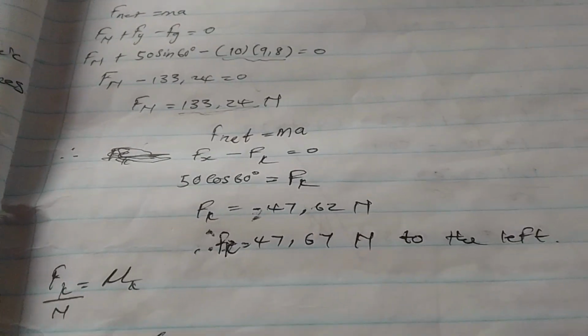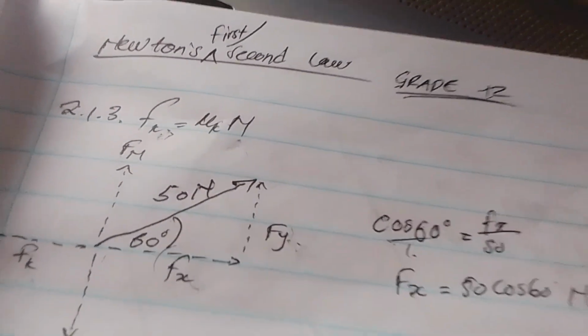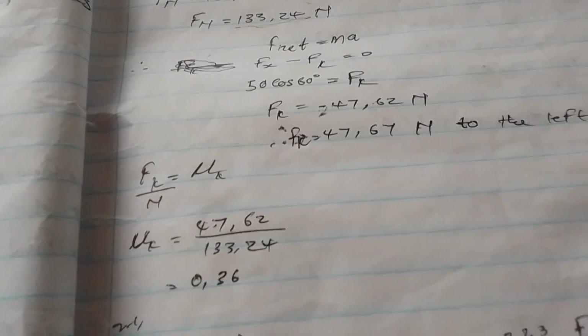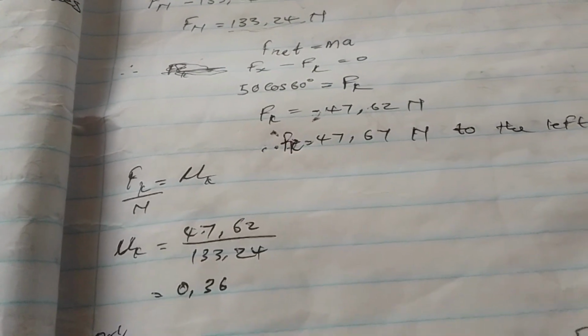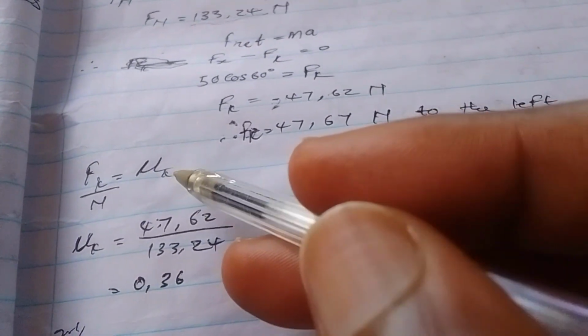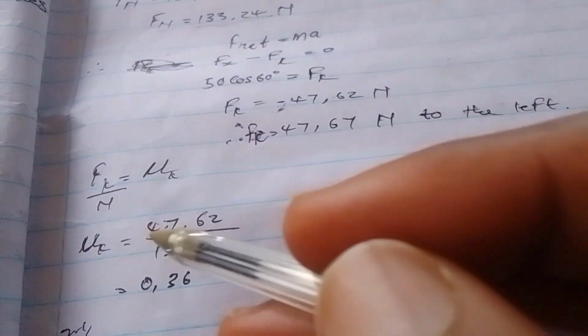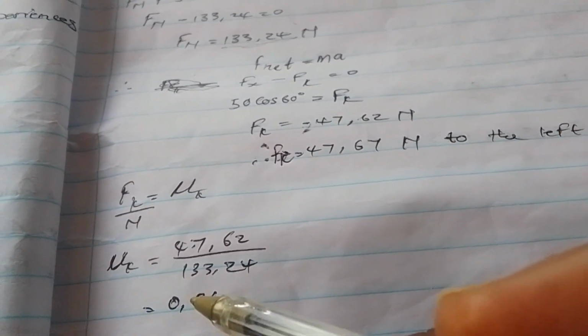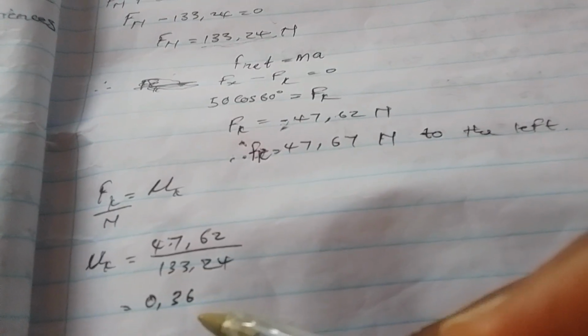That's our direction. Now let's get back to our formula in order to find our coefficient of frictional force. As I've said, when you want to find your coefficient of kinetic frictional force, you just say Fk divided by the normal force, and it gave me 0.36.